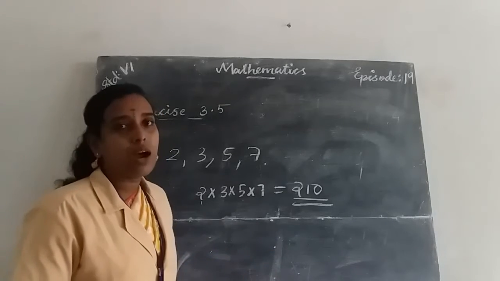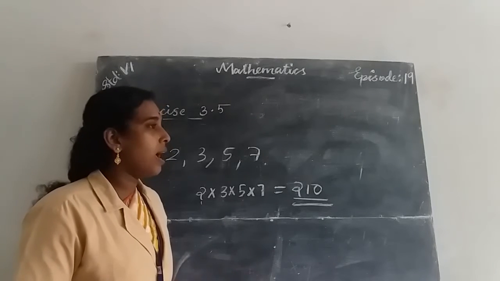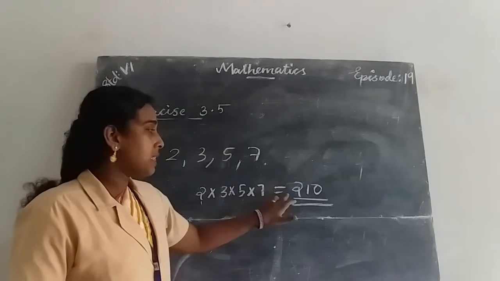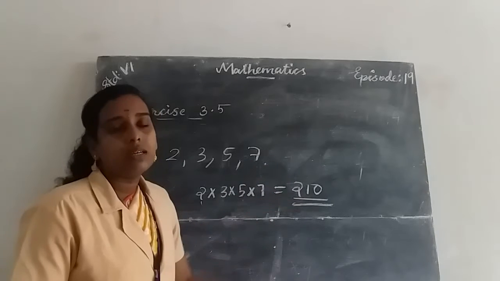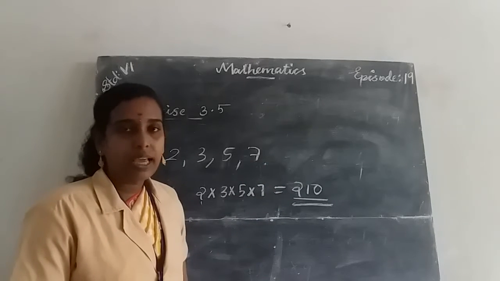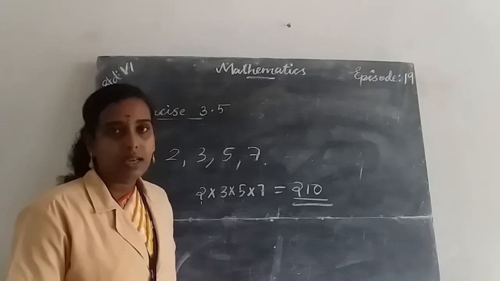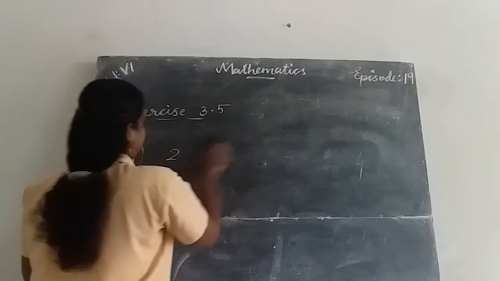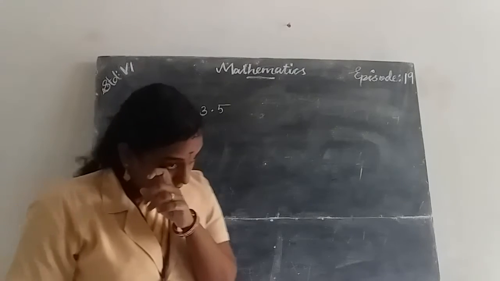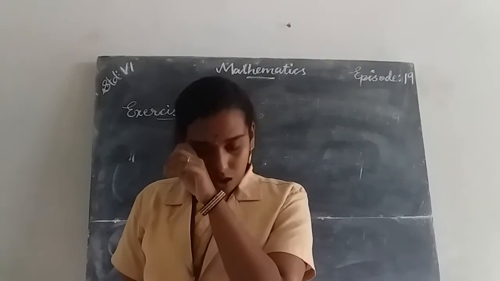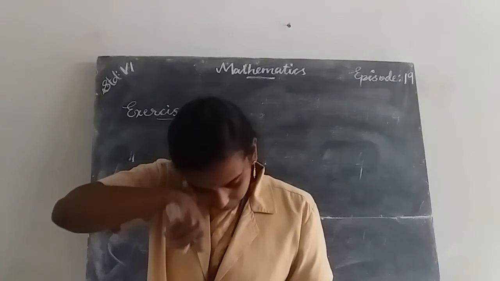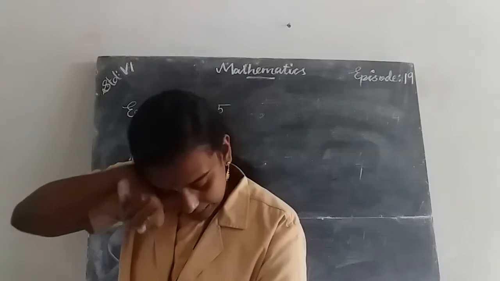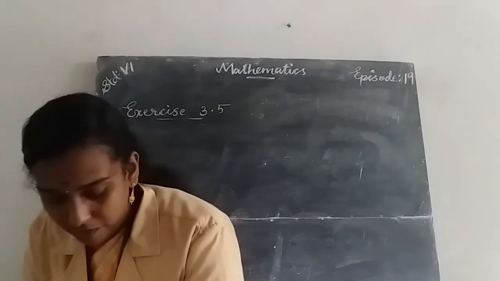So the answer is 210. 210 is the smallest number having 4 different prime factors. Understood? So exercise 3.5 is over. Our next portion is highest common factor.